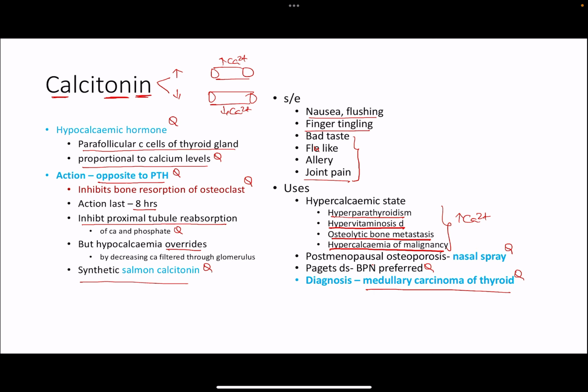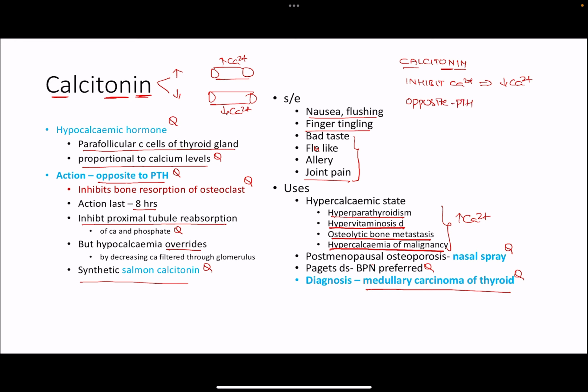So basically, what is calcitonin? Calcitonin inhibits the calcium levels; its action is to reduce the calcium levels in the body. It produces the on-off effect, causing the opposite response of PTH.